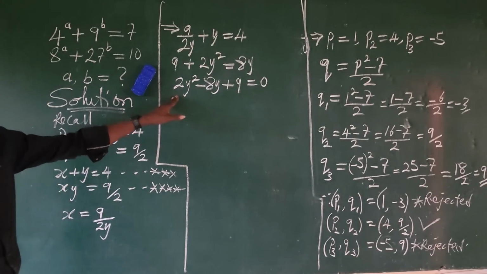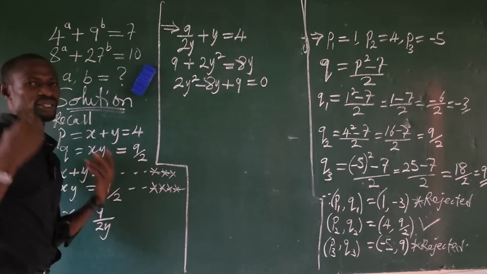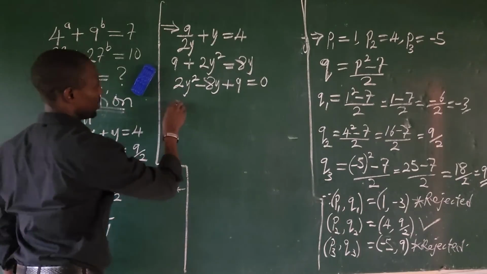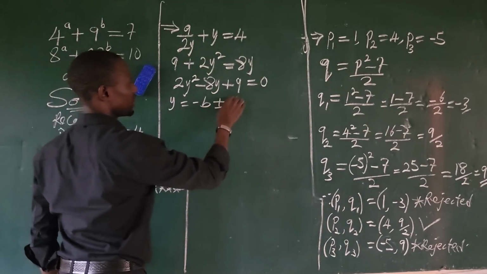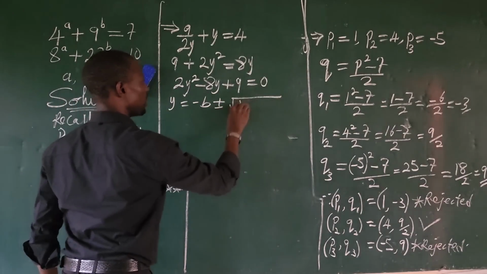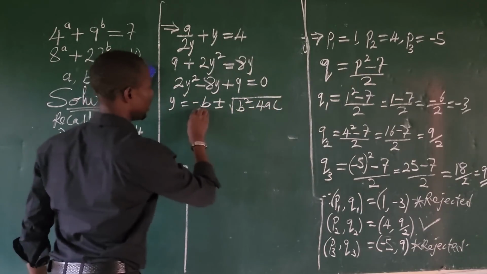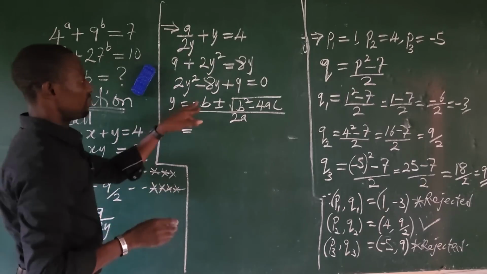Now, this is a quadratic equation, so we are going to use the quadratic formula. This now gives us Y is equal to minus b plus or minus the square root of b squared minus 4ac, all over 2a. What is our b? Minus 8.